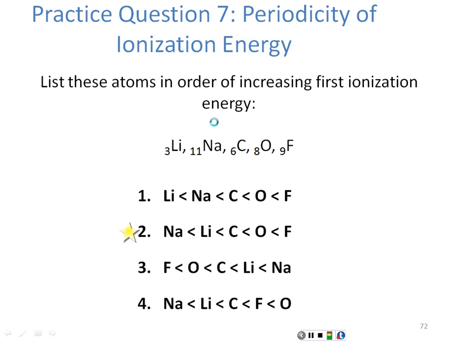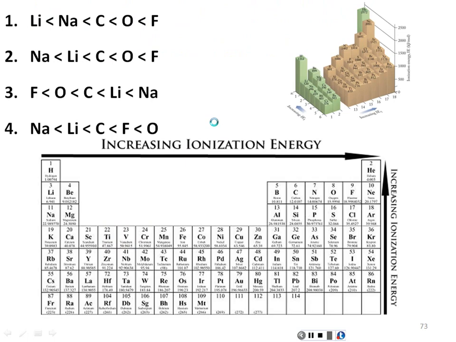Lithium's next, then would come carbon, followed by oxygen, and finally fluorine. Fluorine's the farthest to the right side of the periodic table, so it's going to have the highest ionization energy. And just to remind ourselves what the trend looks like on the periodic table, we can see these plots.